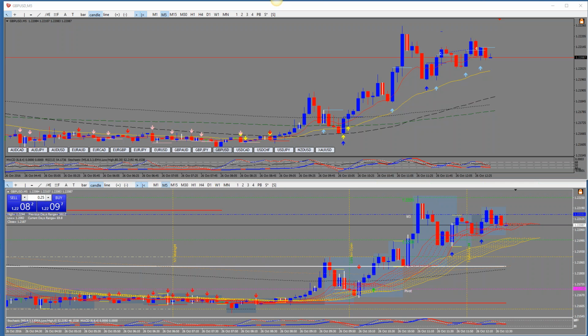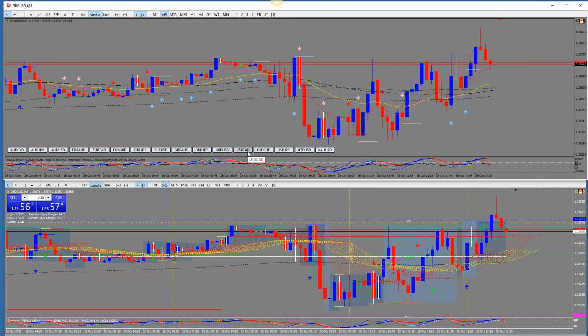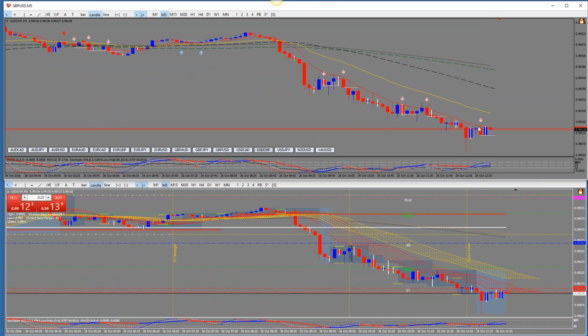All right, so we've got a little bit of time here before the next candle. All right. We have an inside bar here on the dollar Sheffy to go short.